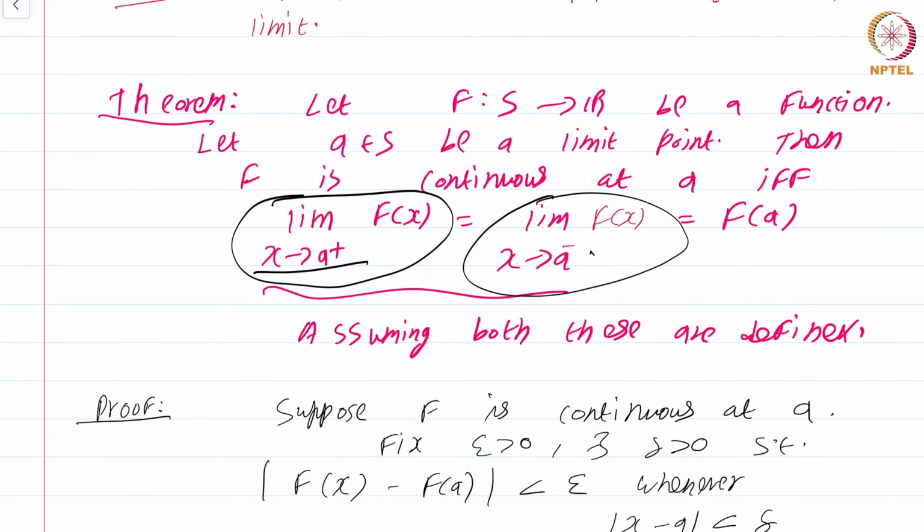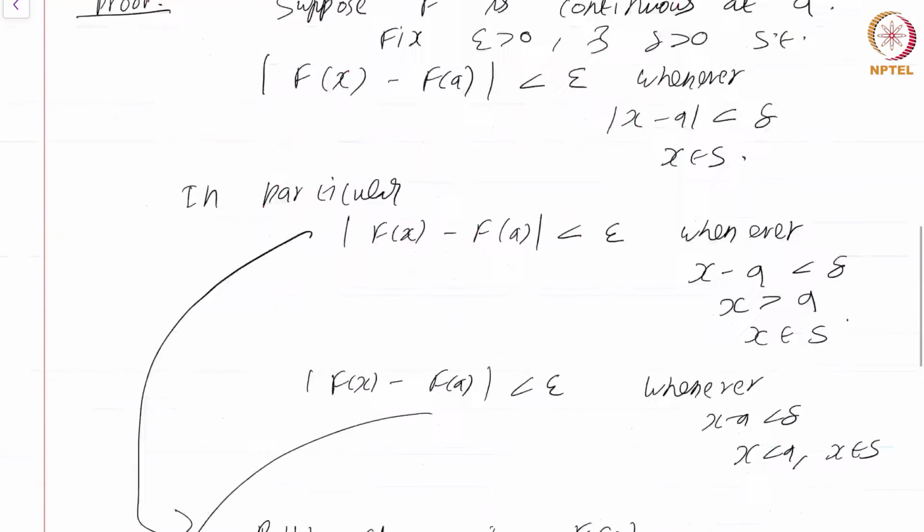It might be the case that the left hand limit of f of x is equal to the right hand limit of f of x at a, but they may not agree with the functional value. Let's see a few examples pictorially to see what all can happen. Okay, so take for instance the function which is 0 when x is less than or equal to 0, then 1 if x is greater than 0.